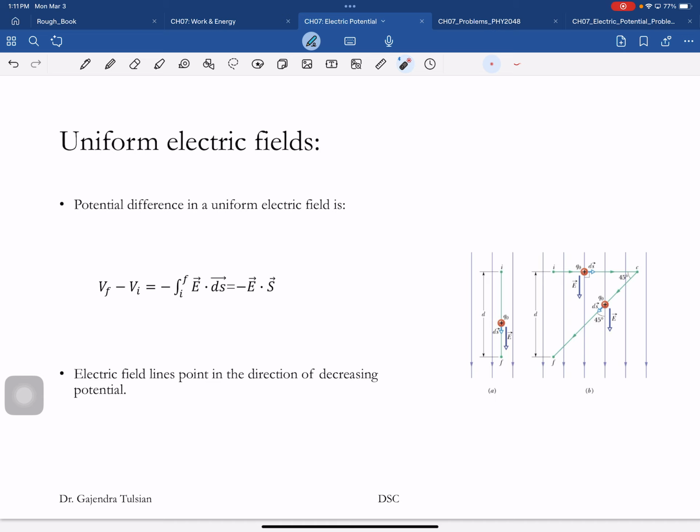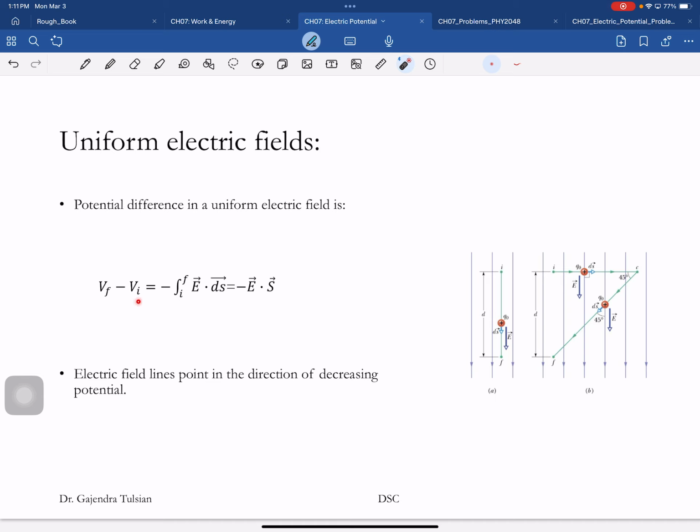No, the electric field is the same vector at every spot, so its magnitude and direction are not changing. In this room, how would you make the field uniform? You can smear the ceiling evenly with positive charge, smear the floor evenly with negative charge, and at every point in this room, the electric field will be pointing down and have the same magnitude. That would be a uniform electric field.